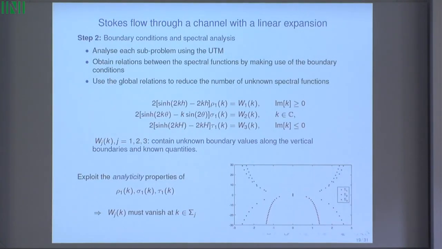So what we have here: rho 1 is a transform of our function f along the lower boundary of the semi-strip.